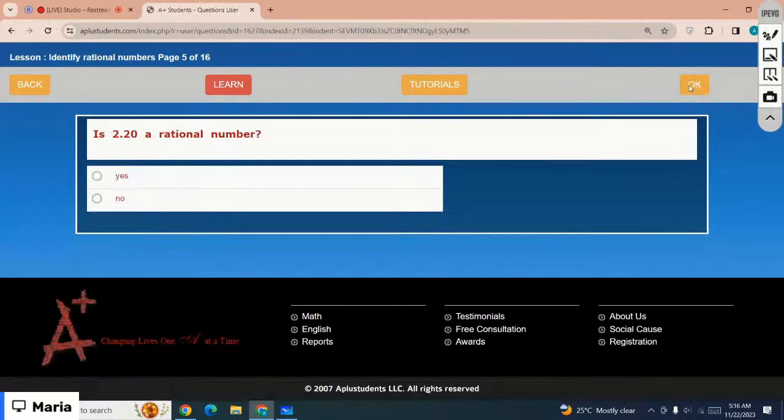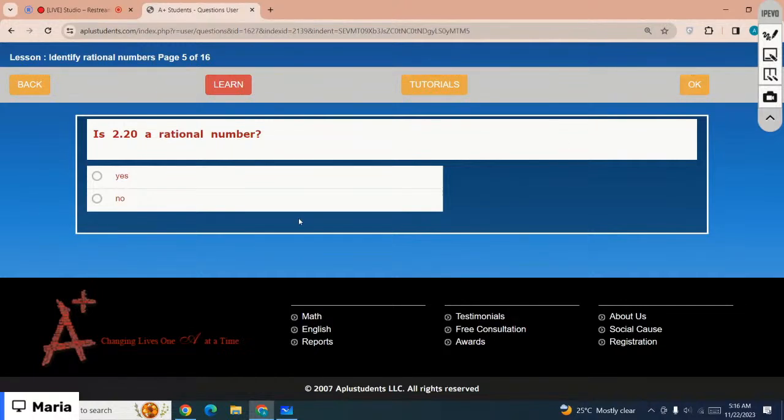Is 2.20 a rational number? Yes, it is a rational number.